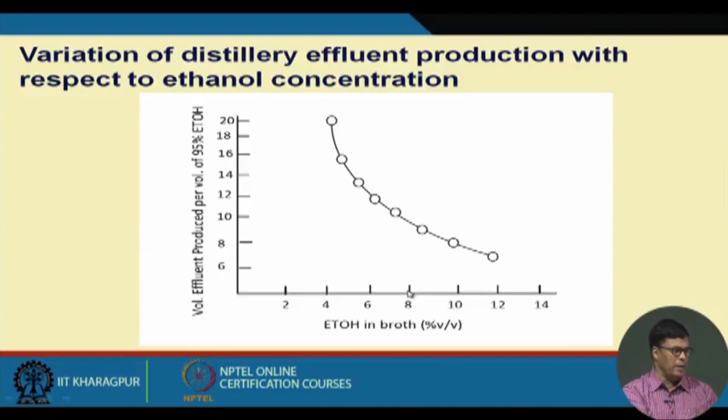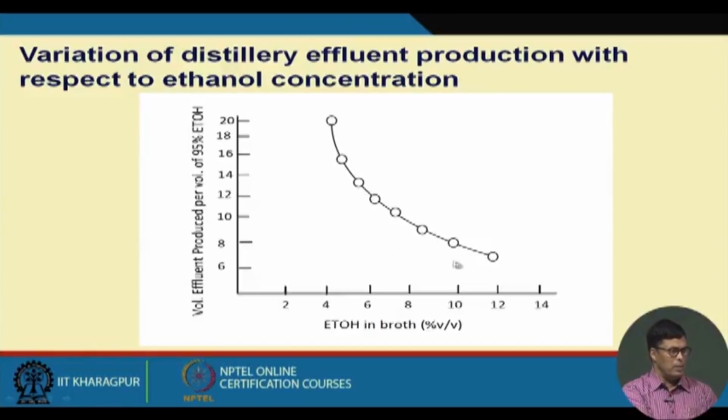In the early days, 15 to 20 years ago, in India most of the fermentation was carried out in the batch fermentation process, where we get 7 to 8% alcohol. Here, with 7%, it is approximately equal to 12 to 13 liters of distillery effluent per liter of alcohol.